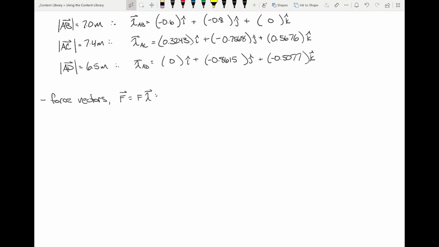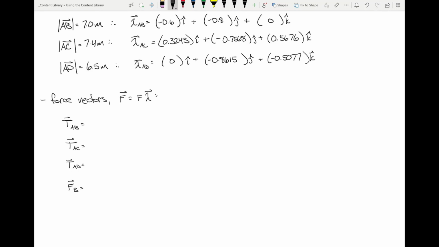So what I'm getting at is that I'm ultimately going to describe 4 vectors. And this one is the force in the balloon.